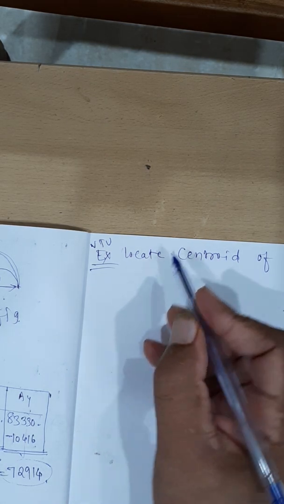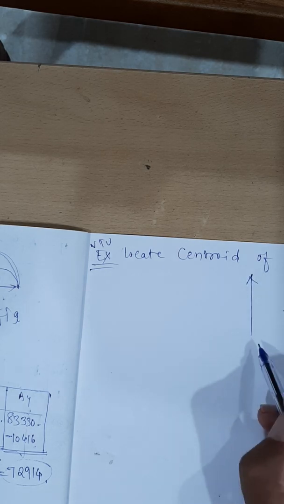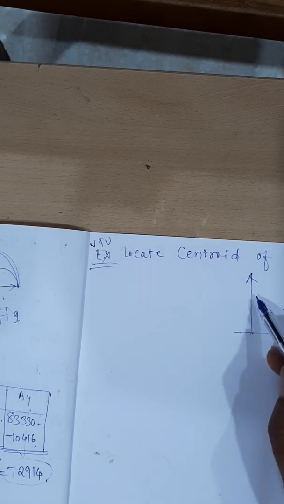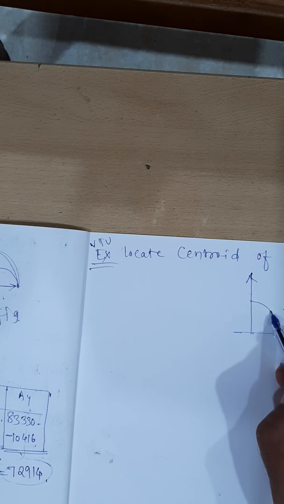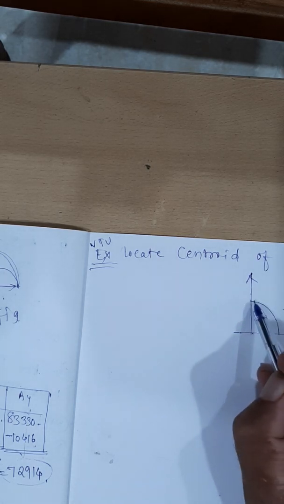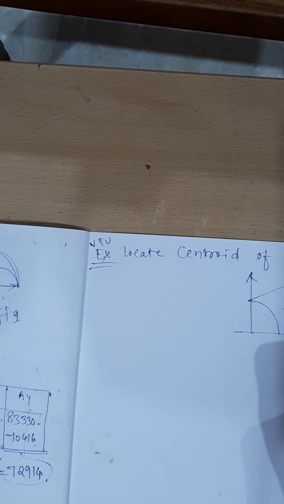Yes, the figure is something like this. Here is a semicircle like this. Then from here, a trapezium like this is given.